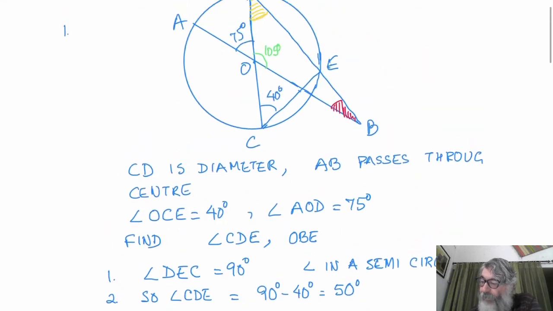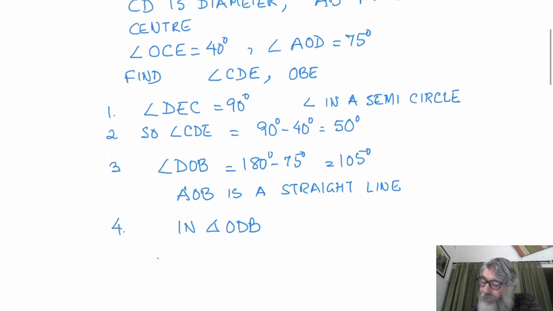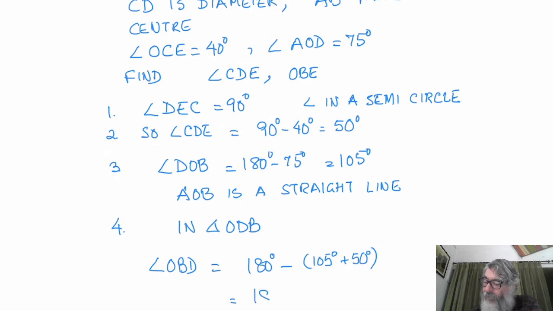We will say angle OBD, which is red in color, is 180 minus how much? 105 plus 50. 105 plus 50 will be 155. 180 degrees minus 155 degrees. That is 10 minus 5 is 5, 7 minus 5 is 2, so 25 degrees actually.